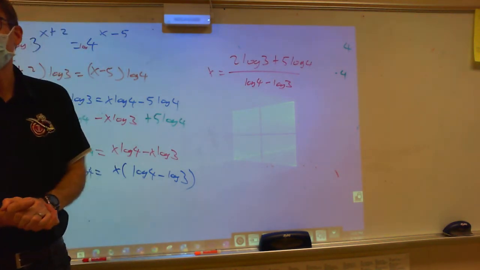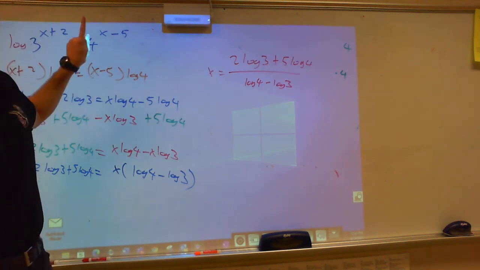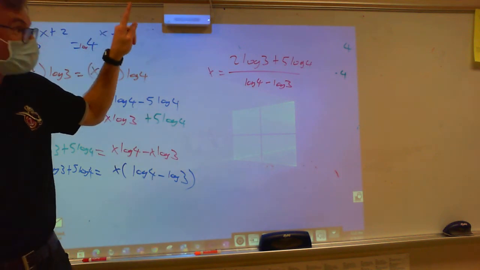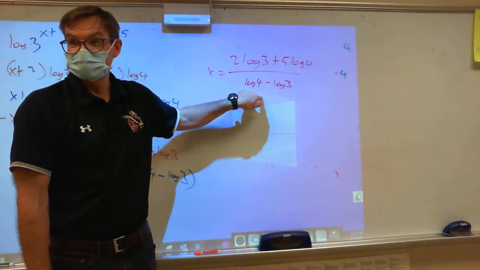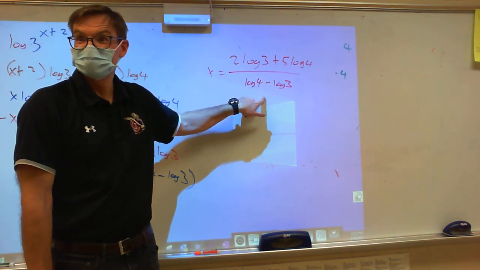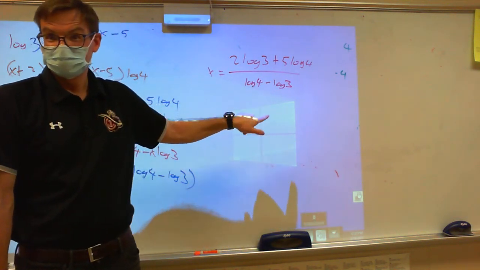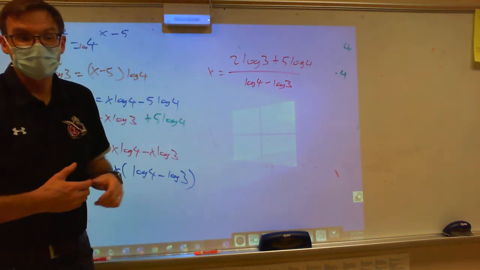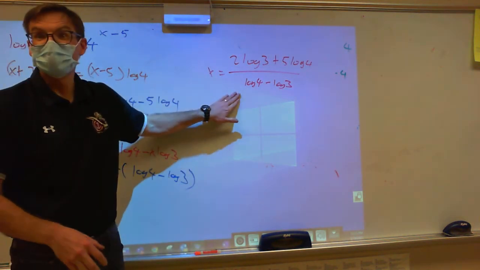This is what your answer is. And believe it or not, there is a question in Alex that's very similar to this. And this is the answer they want. They don't want the decimal. They actually want this. Honestly, when I give this problem on a test, this is what I want.